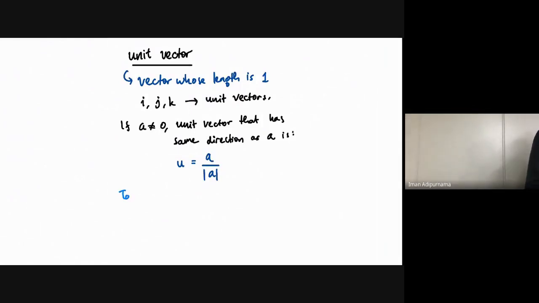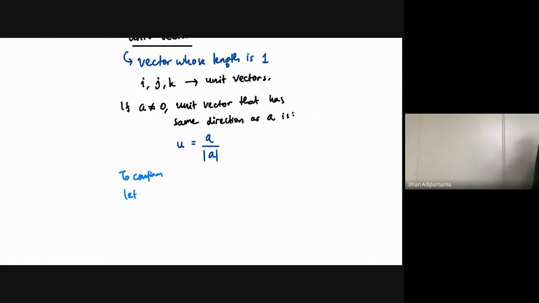To confirm, it's like proving this. We can let C equal 1 over the scalar, the magnitude of A. Then U will be C times A, where C is a scalar, because it's a magnitude.